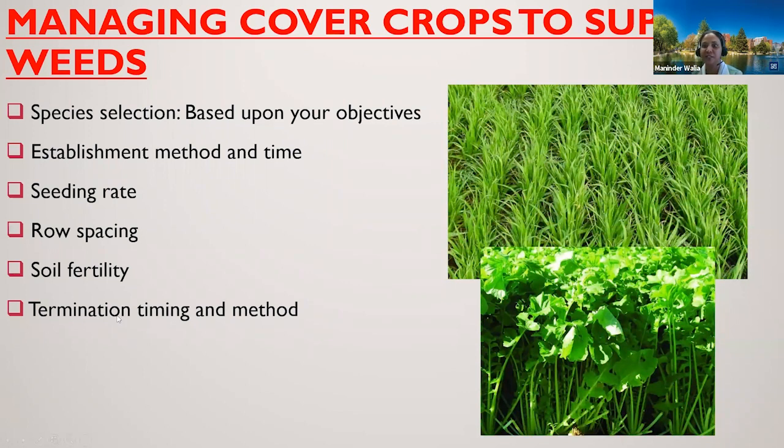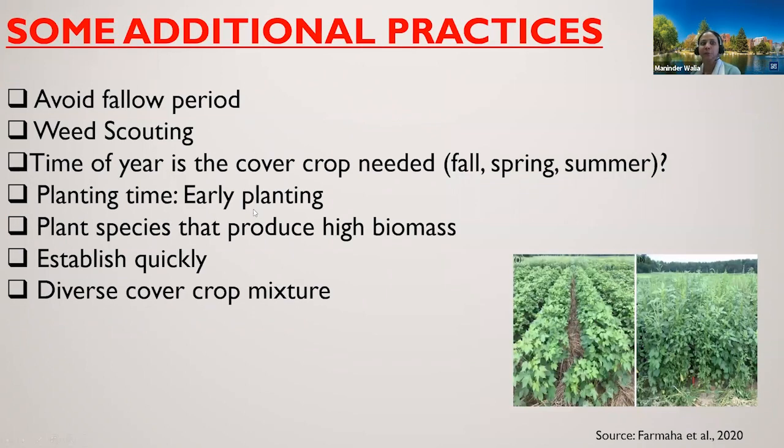However, this may result in delaying the termination and the planting of the next cash crop. So it's important to think about the termination timing, your goals, and then the methods, which we will be learning in the next slide.